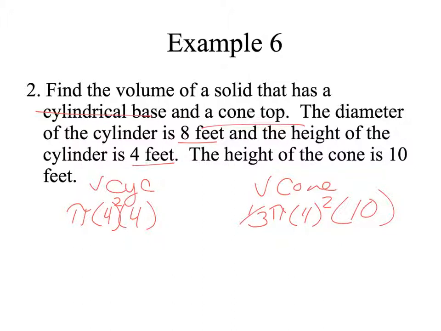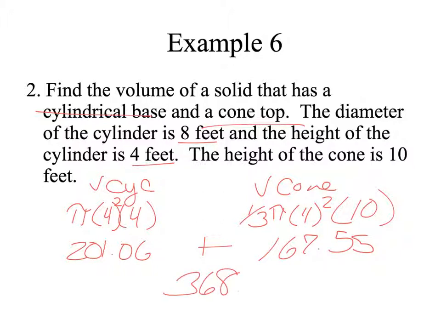So pi times 4 squared times 4, I get 201.06 for my cylinder. For the cone, 1/3 times pi times 4 squared times 10, 167.55. Those two are going to be added together. And I get 368.61 feet cubed.